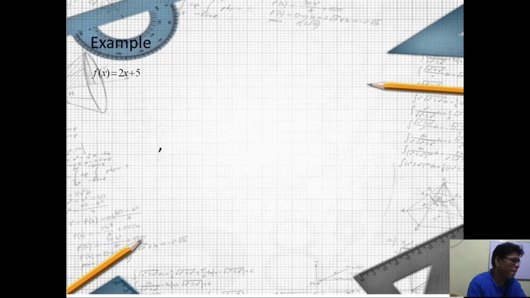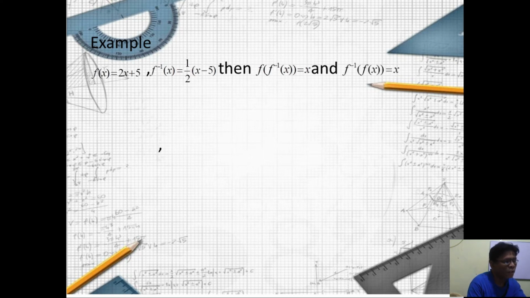Example, f(x) = 2x + 5 is the original function, and the inverse is f^-1(x) = (x - 5)/2. Then f composed with f inverse of x equals x, and f inverse composed with f of x also equals x. This is the proof.